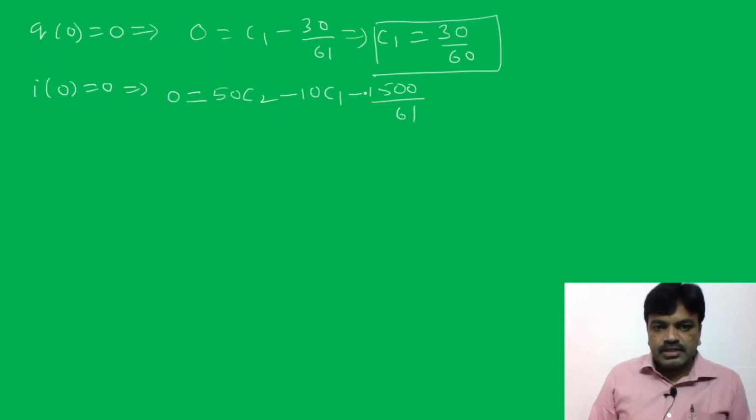You take all these two terms to the left hand side, that means it can be written as 50 C2 is equal to 10 into C1 value, which is 30 by 61.